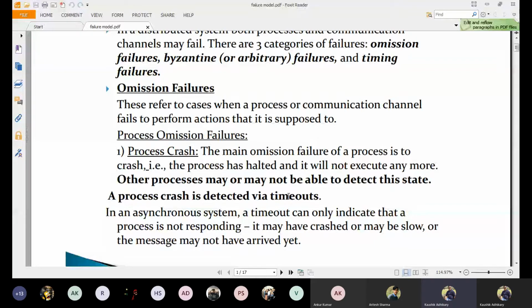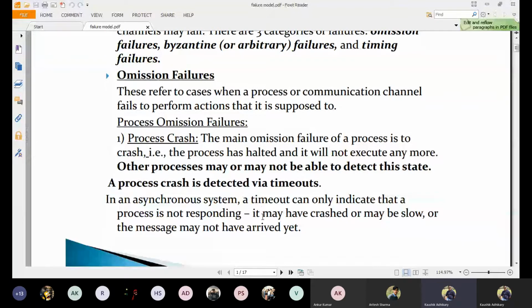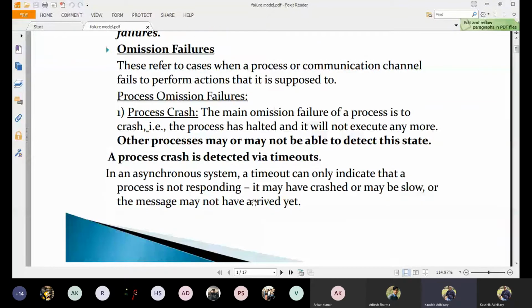If there is no response, it means that there is some failure. In an asynchronous system, a timeout can only indicate that a process is not responding. It may have crashed or may be slow, or the message may not have been received yet.